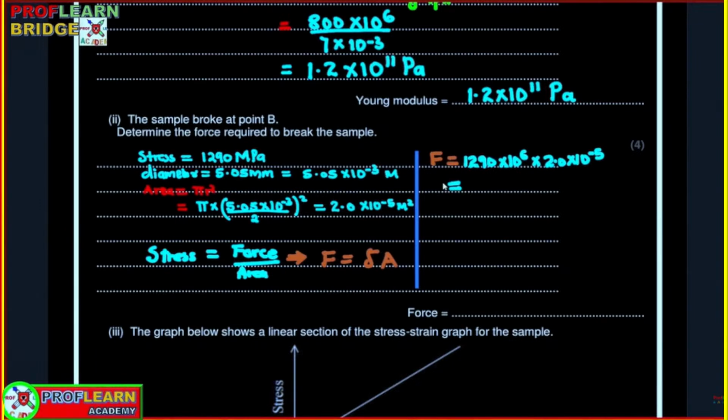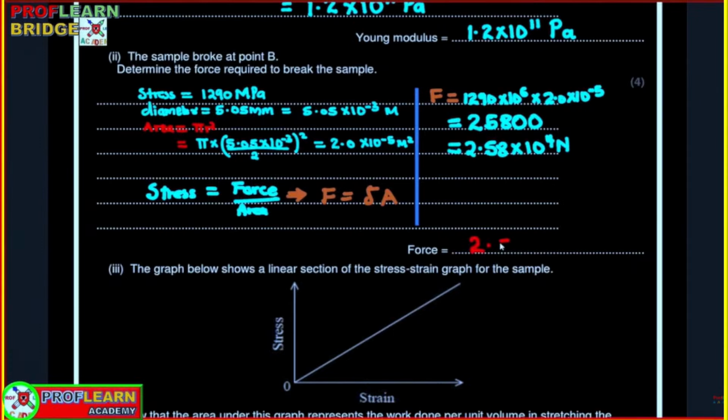Then we can get our force being equal to 2580 newtons. Our force becomes 2.58 times 10 raised to power 4 newtons, and that is exactly what we are going to write down here, just to make the examiner happy.